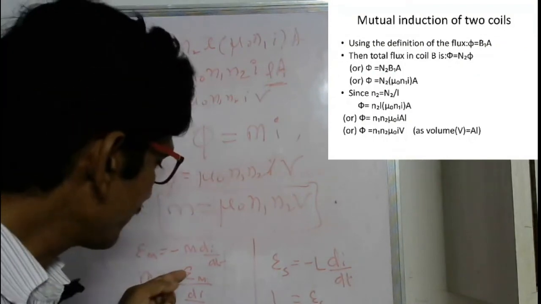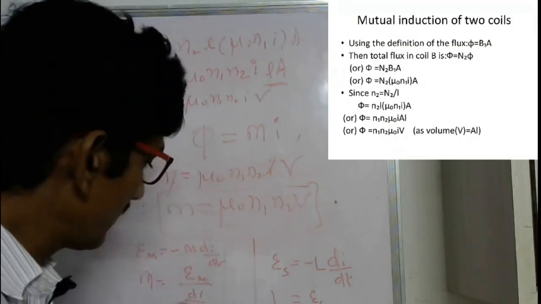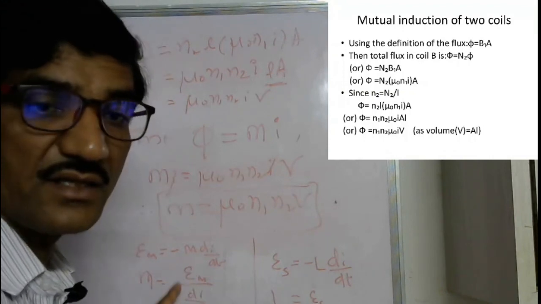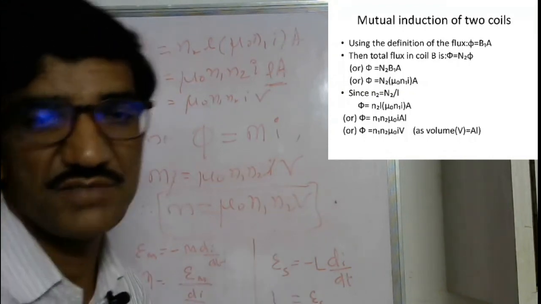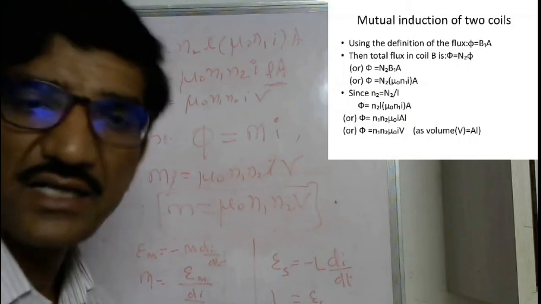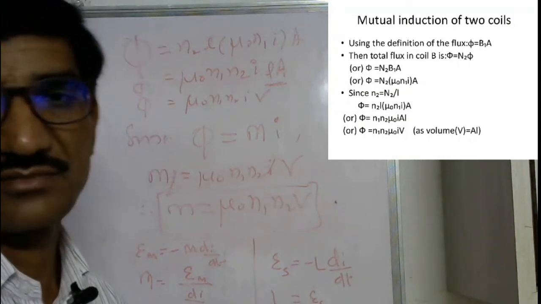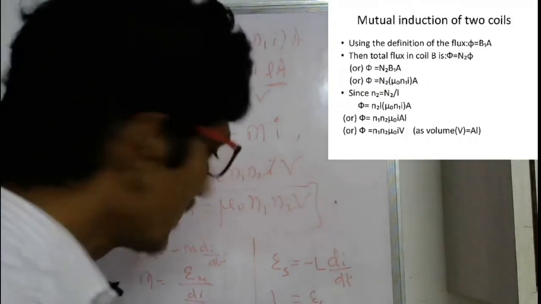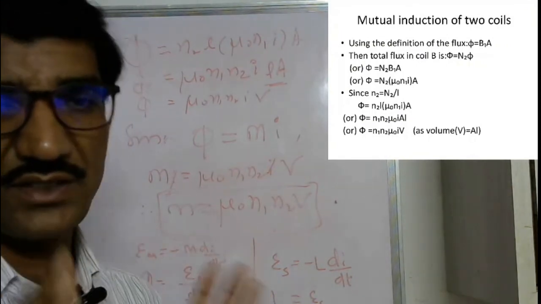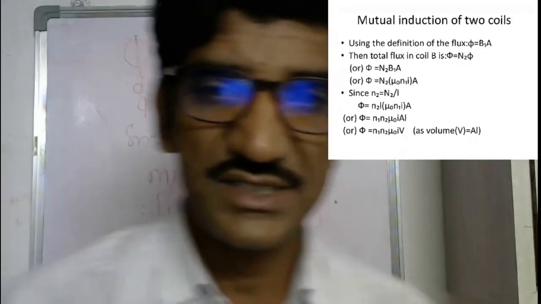Here, this EMF is related to the second coil. This rate of current is related to the first coil. That is the difference between self-induction and mutual induction. But the units for these two physical quantities are the same.